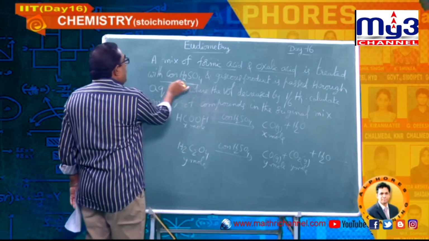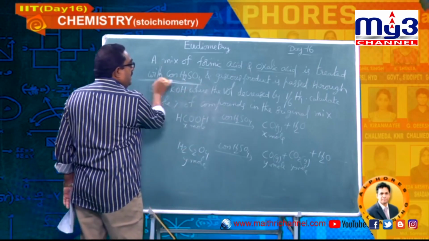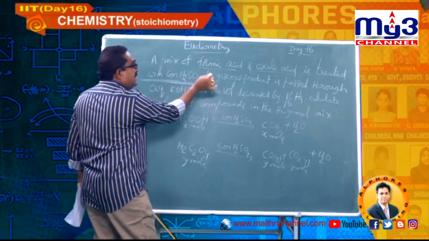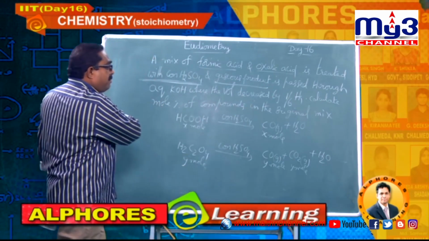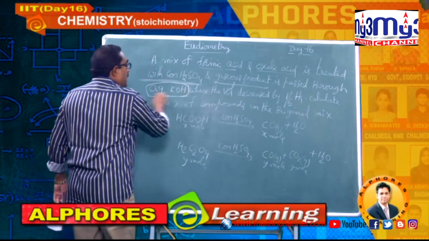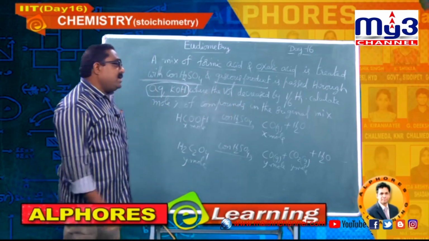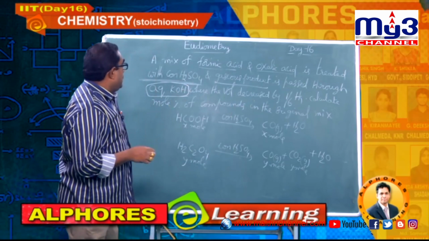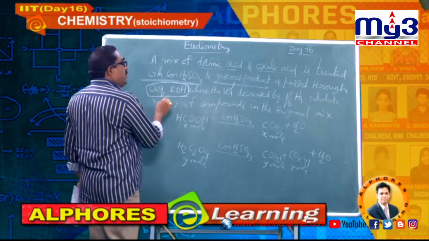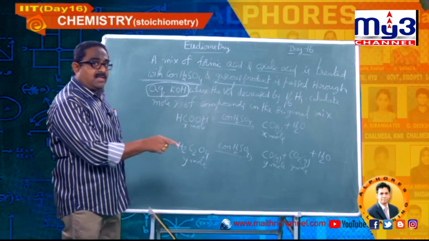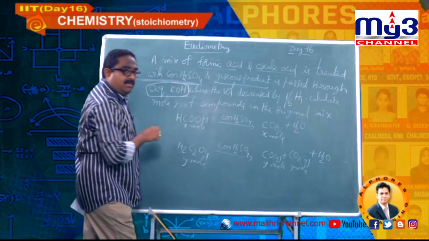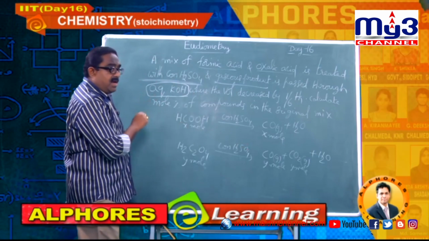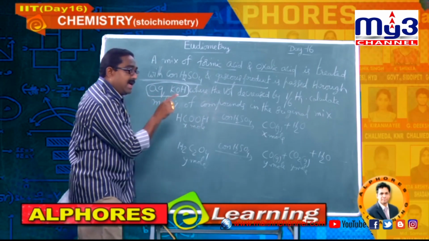After treating with sulfuric acid, the gaseous product obtained has been passed through aqueous KOH. According to iodometry concept, the aqueous KOH is going to absorb carbon dioxide gas. It is not going to absorb monoxide; it can absorb only dioxide.